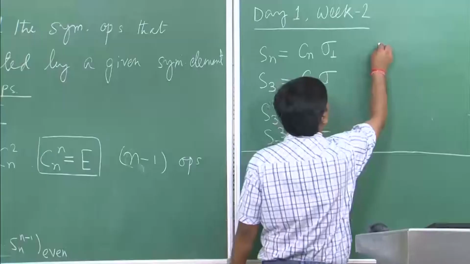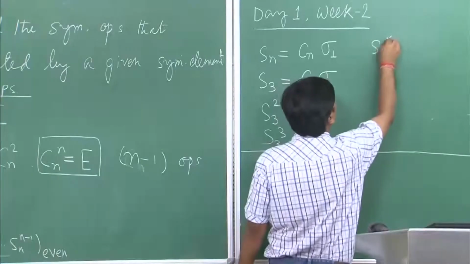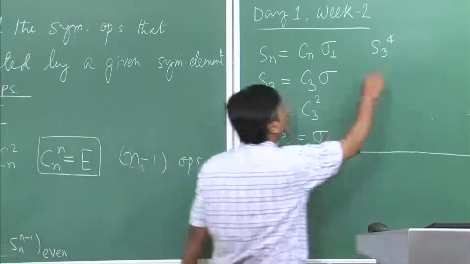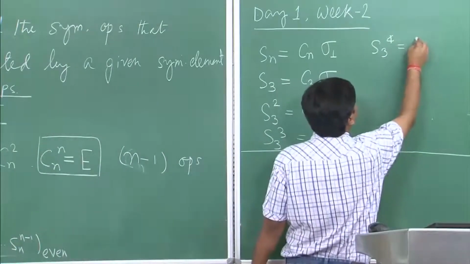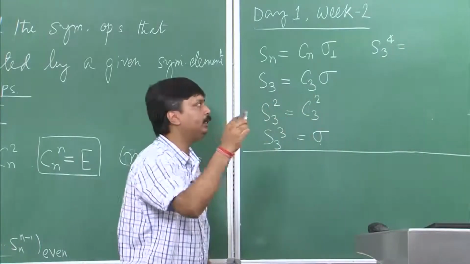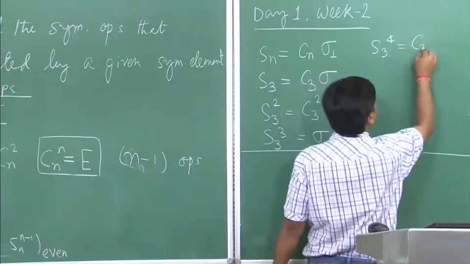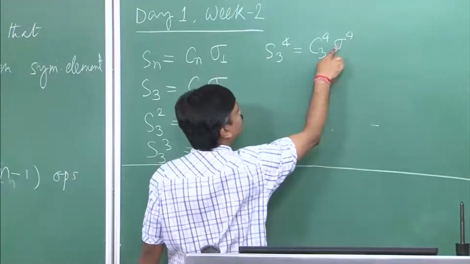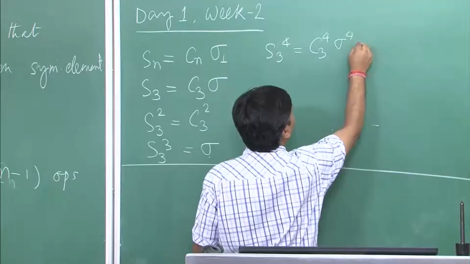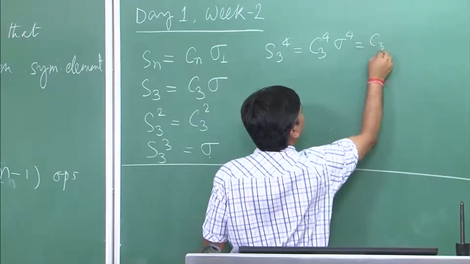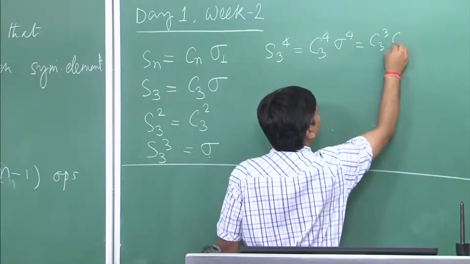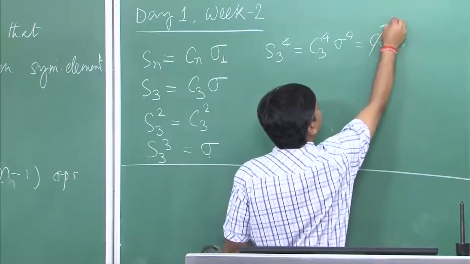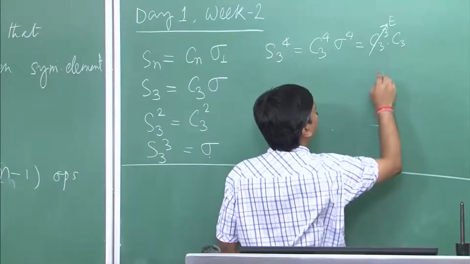All right, move on to S3^4, because we have not reached identity yet. So we will see what it is. C3^4 means C3^3, if I expand this, C3^4 sigma^4, sigma^4 is identity. So you have essentially C3^3 and sigma^3, which is identity. So we are left with only C3.